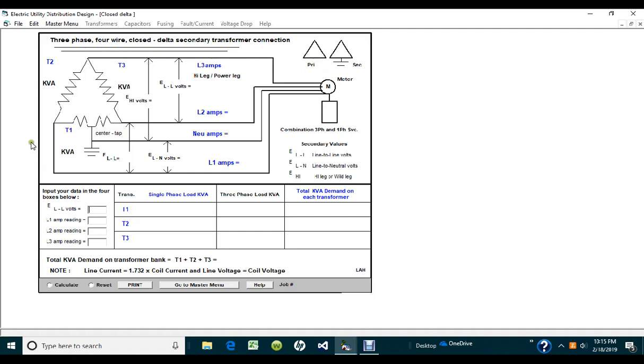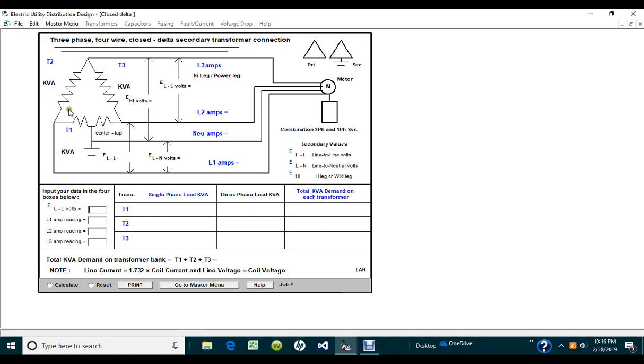Now if we look at the bigger picture here, like I said, I'm going to concentrate mostly on the secondary scenario as far as the transformer, or transformers, are concerned. And that's the way we're going to determine the loads on this particular transformer bank. Well, you might ask, what is a bank?